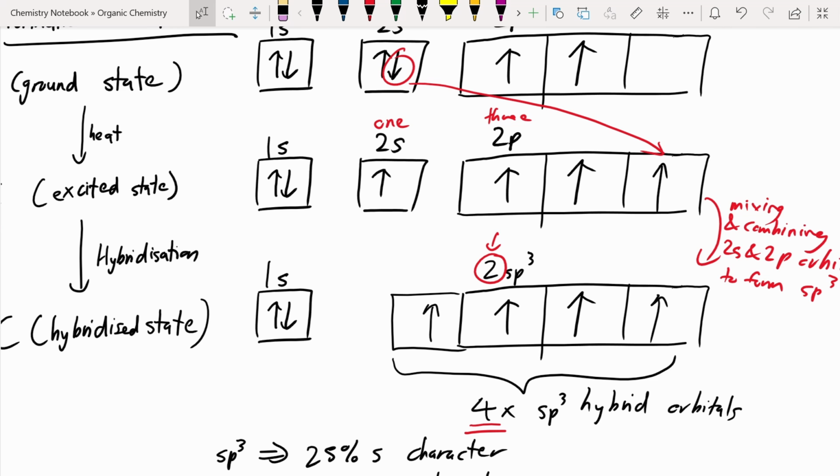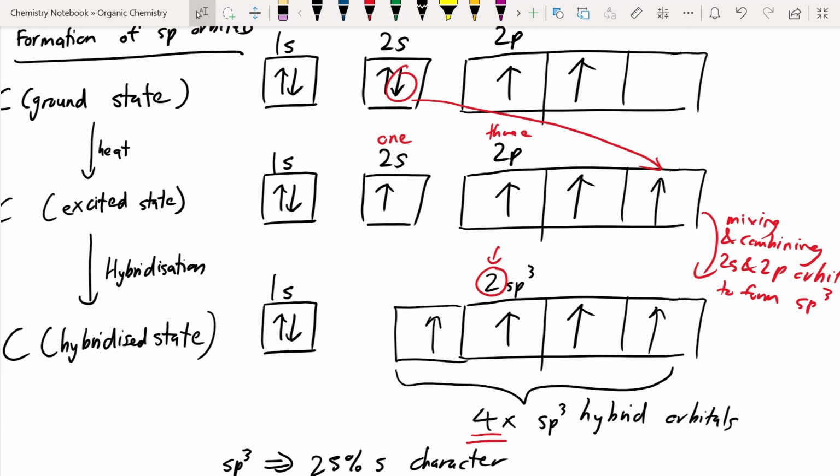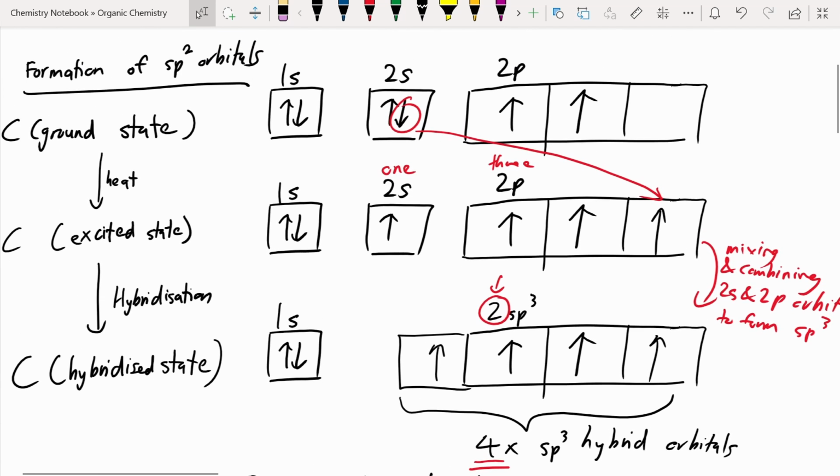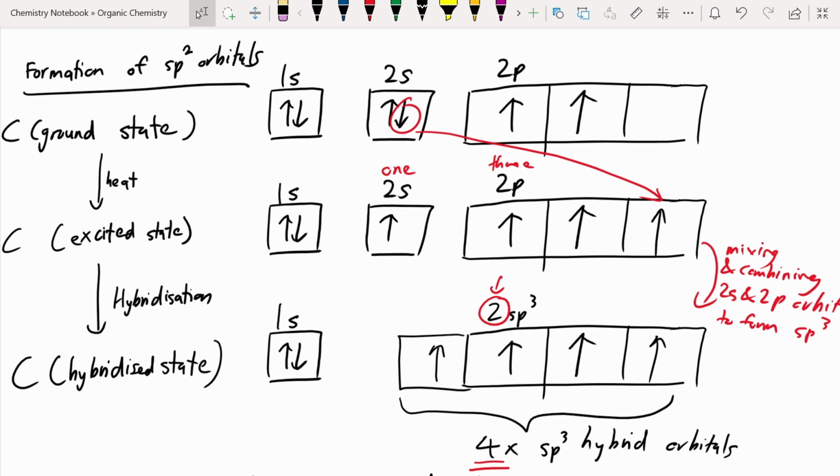Because sp2 orbitals, just to inform y'all, can be found in molecules like ethene, whereby there is a double bond. Because there's this double bond, you know that the double bond contains 1 sigma and 1 pi bond.